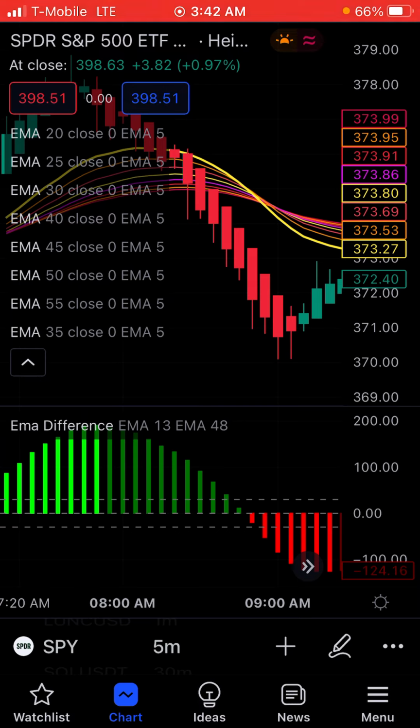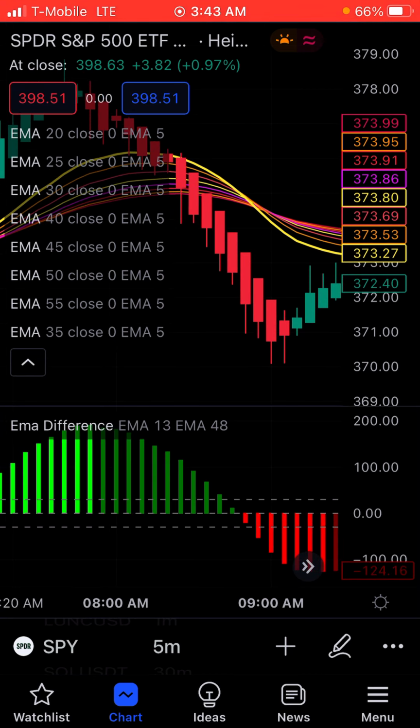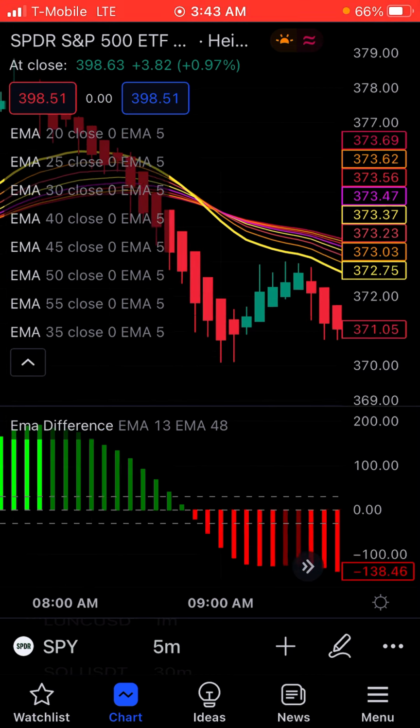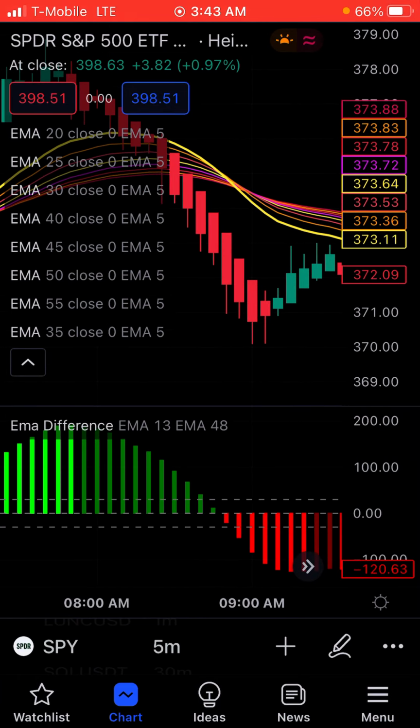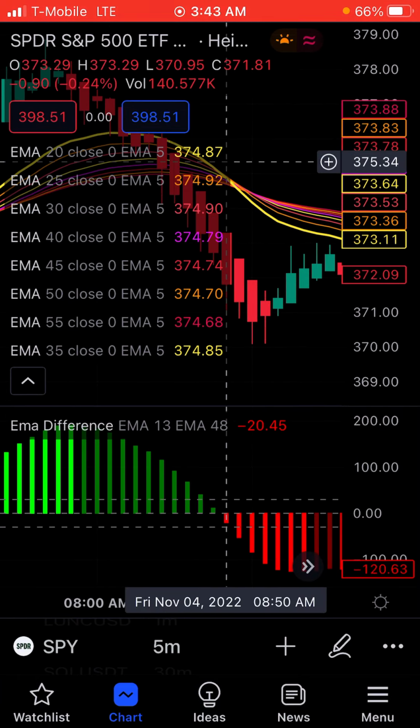Make sure you have all these. This will only work with the pro membership of TradingView. For this strategy, you have to have the exponential moving averages of 20, 25, 30, 35, 40, 45, 50, and 55. Make sure your 20 is a bright color because you're going to be following your 20, waiting for that 20 to cross through the 55.